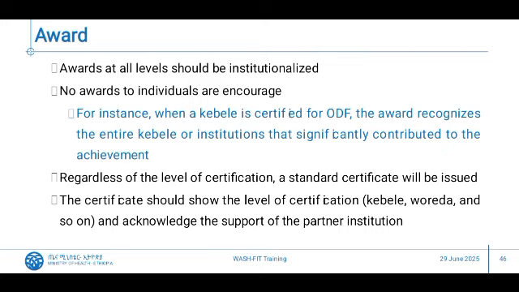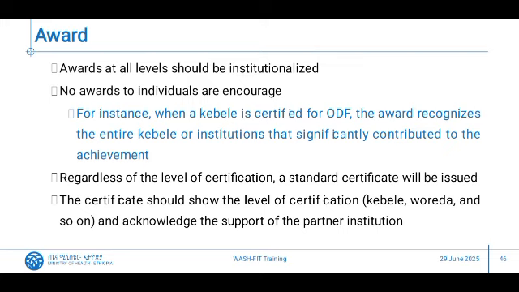Awards at all levels should be institutionalized. No awards to individuals are encouraged. For instance, when a Kabale is certified for ODF, the award recognizes the entire Kabale or institution that significantly contributed to the achievement. Regardless of the level of certification, a standard certificate will be issued.